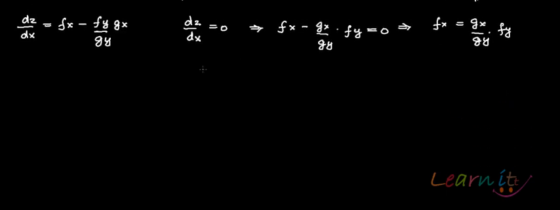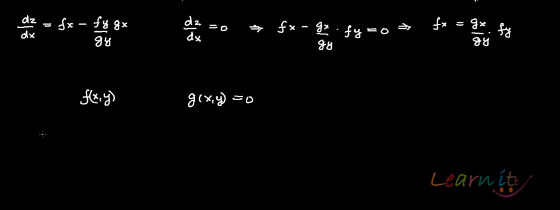Now let's talk about the Lagrange multiplier method. Supposedly you have the function f(x,y), this is the objective function which you want to maximize or minimize, and you have the constraint g(x,y) equal to 0. This is the constraint which you have.